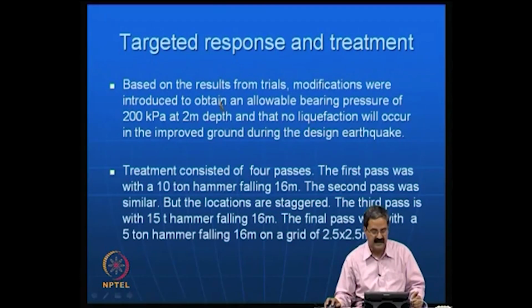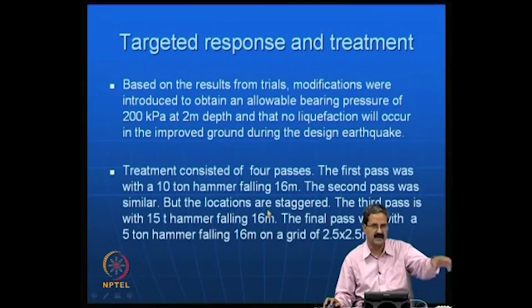In this case, once they figured out the requirements for the particular site, they went ahead with the treatment, and it is very interesting that they had 4 passes. It is not the number of tampings. The first pass was with a 10-ton hammer falling 16 meters. The second pass was similar, but the locations were staggered a little bit.